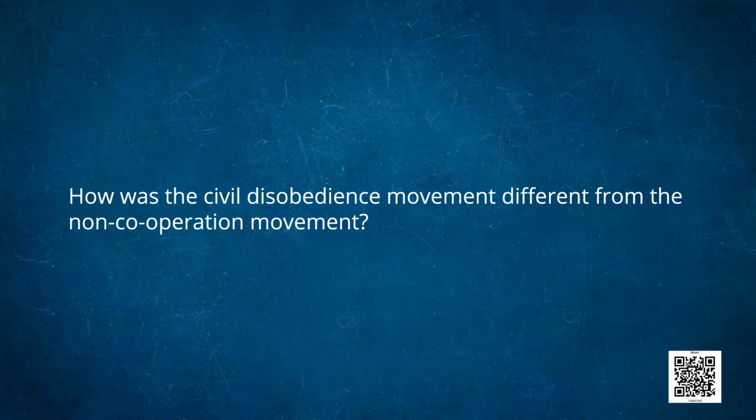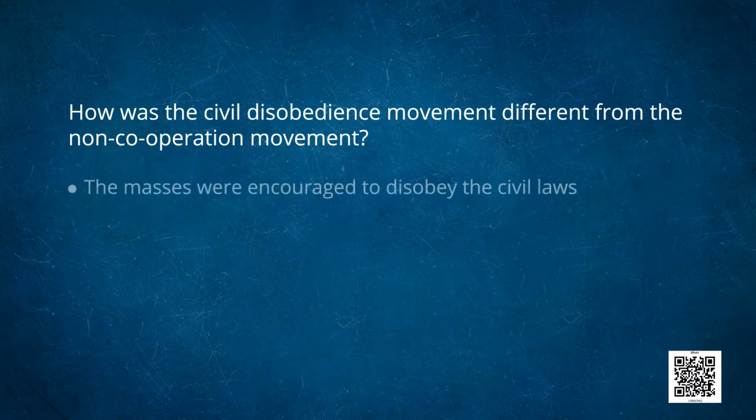Now let's see how the civil disobedience movement was different from the non-cooperation movement. In the non-cooperation movement, people were asked to boycott British goods and institutions, whereas this time the masses were encouraged to break civil laws to register their protest.